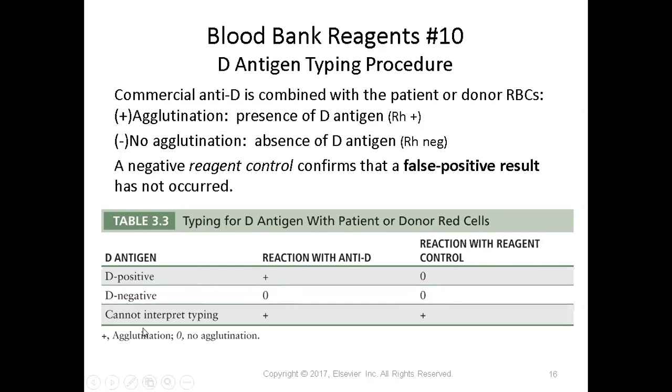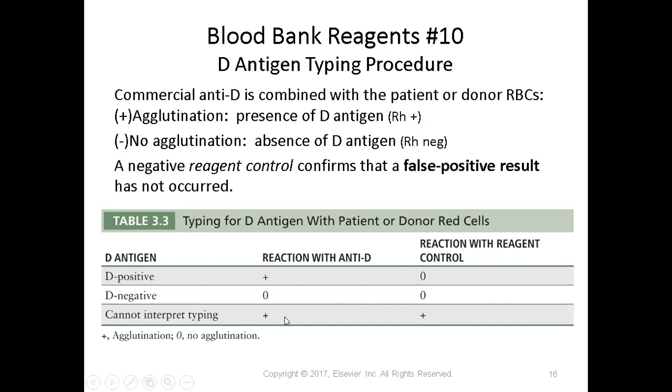Now, when we run into trouble, and the whole purpose for doing this testing really is when we see a person react with the anti-D, but also with the reagent control, which is basically just the albumin diluent by itself. We cannot interpret this.